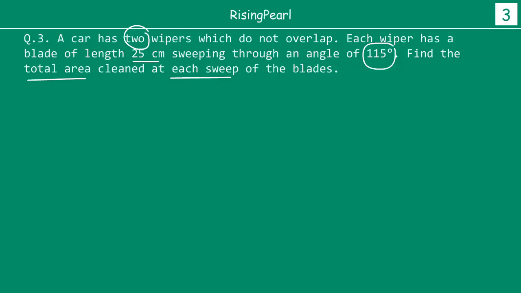So why don't we first draw something? Let's say this is the front glass of any vehicle. So we have drawn one of the blades like this, one of the wipers like this. Now what happens is this wiper actually sweeps across like this, right?